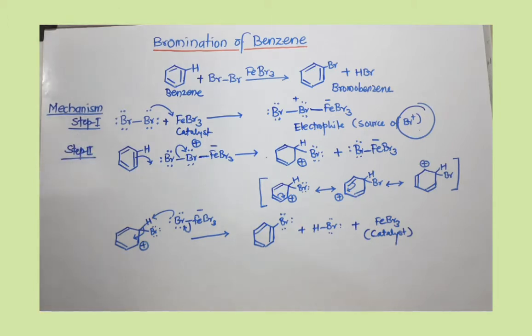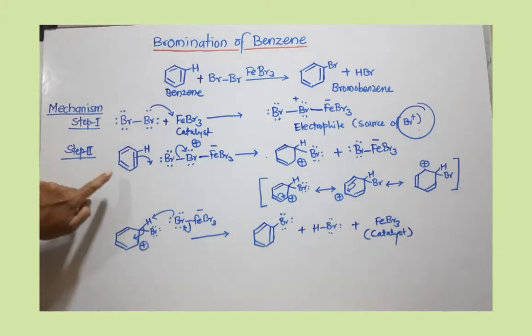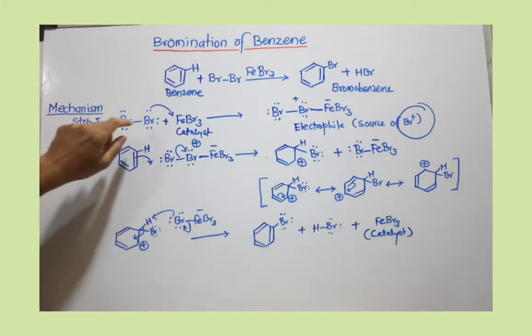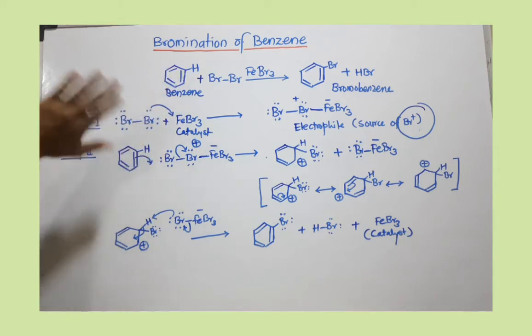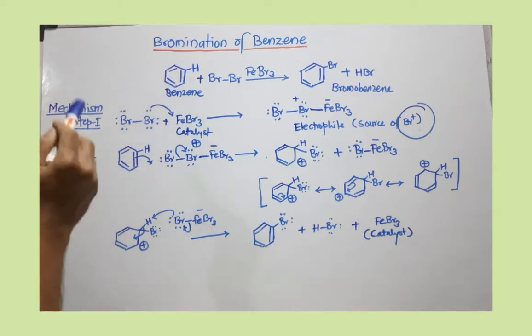This is the attack of the electrophile. This electrophile is generated here. Now it is attracted towards the benzene ring, which is a source of electrons. You can see here 6 pi electrons circulating above and below the ring.